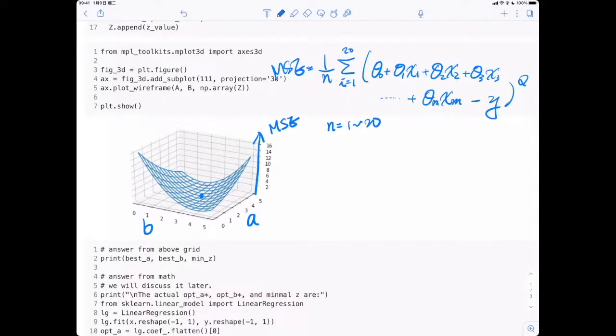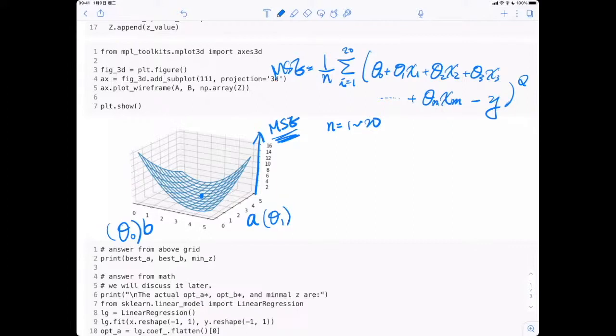Let's simplify it. B is theta 0, A is theta 1. If we have only two parameters, we use A and B, not theta 0 and theta 1. The MSE value is right here. If you input those 20 data points in your MSE function, you can make a mesh.